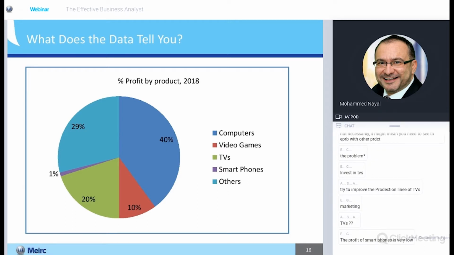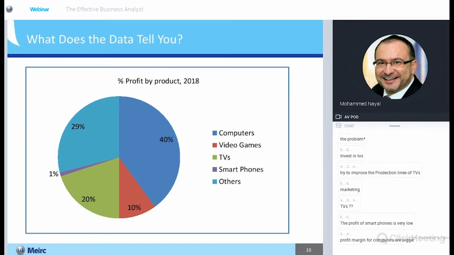The profit of smartphones is very low. This is percent profit. This is basically all of their profit, and what they're looking at is how much comes from computers, how much comes from TVs, how much comes from smartphones. Profit margins for computers are bigger.